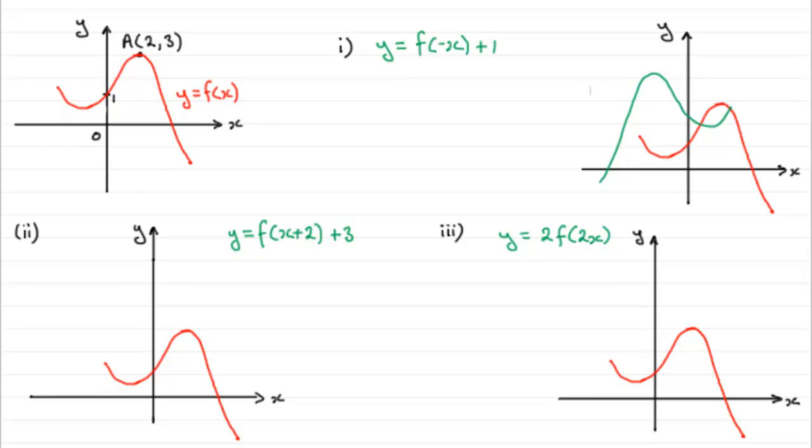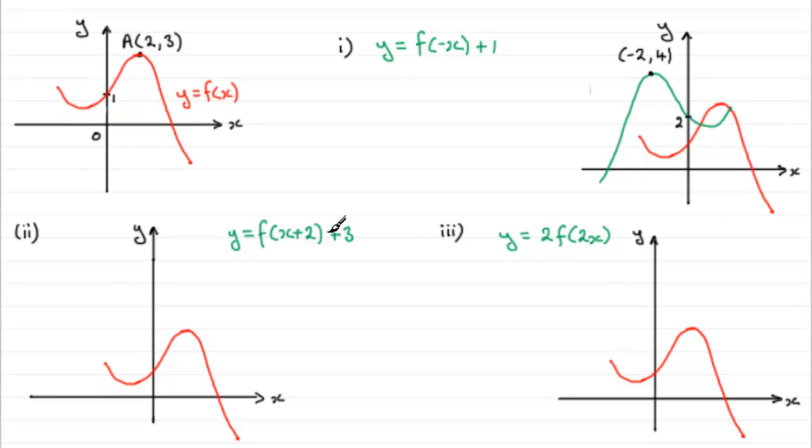So what we need to do is just update our diagram here. So this point here will now be at 0, 2, because it went up 1 unit, and this point here, our new A, will have coordinates minus 2, 4. Alright? So there's our graph then of y equals f of minus x plus 1, based around the original graph of y equals f of x.